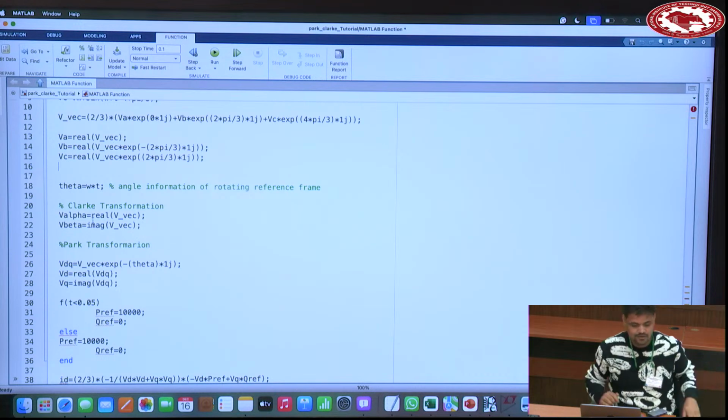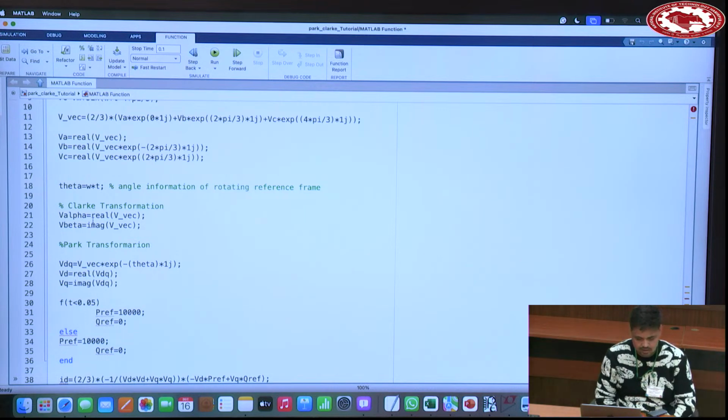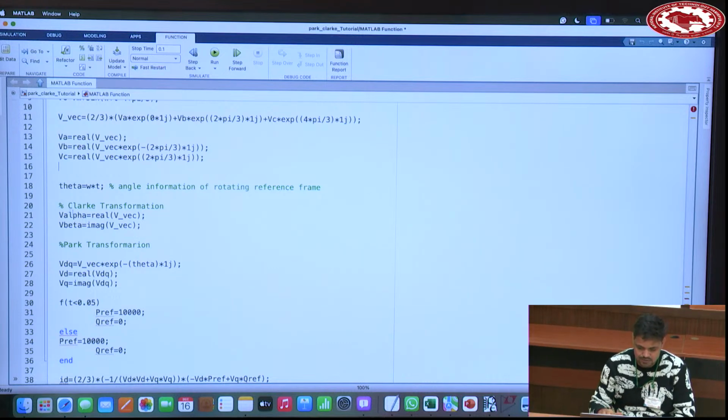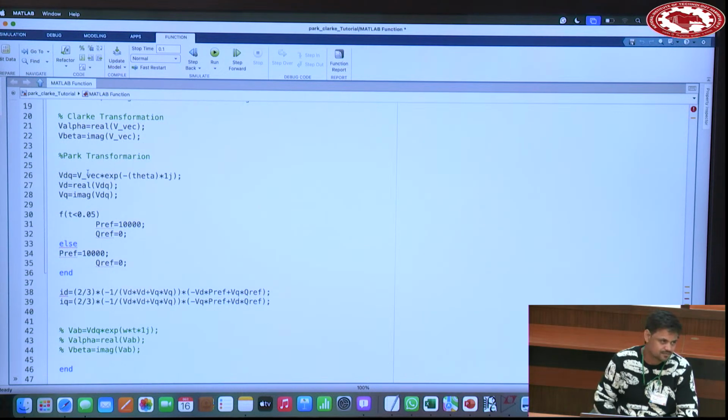Clarke transformation. V alpha is going to be what? Real part of V vector and V beta the imaginary part of V vector. I have included these variables V alpha, V beta at the output so that we can see these signals on the scope. For Park transformation, what is to be done?